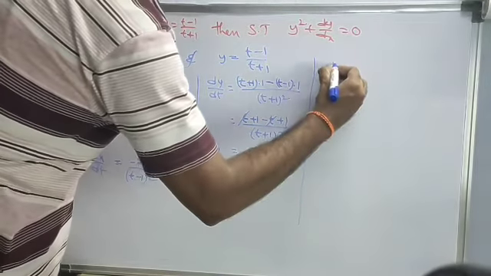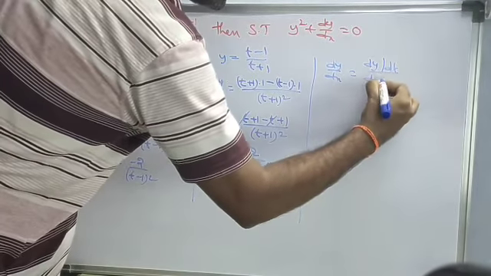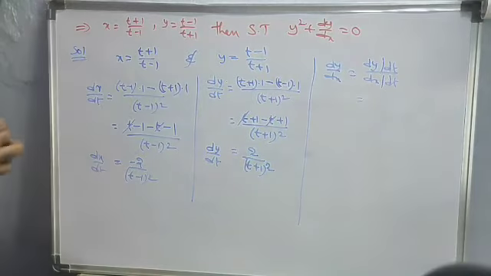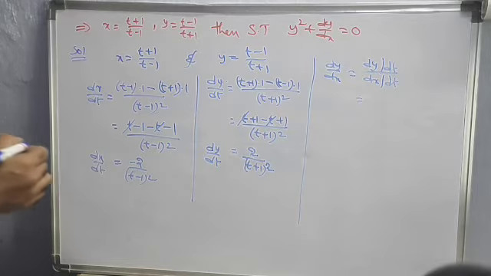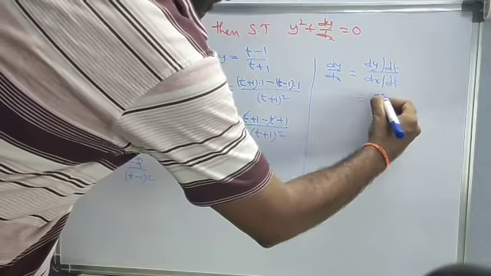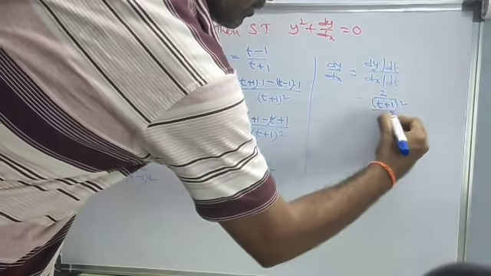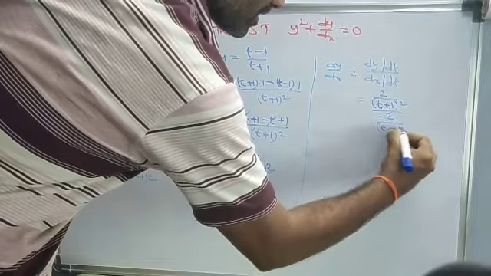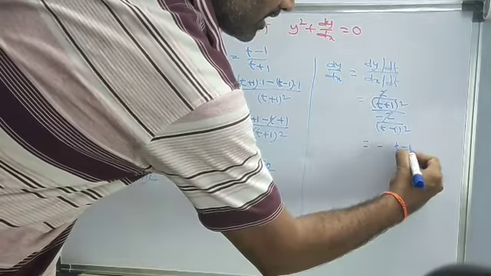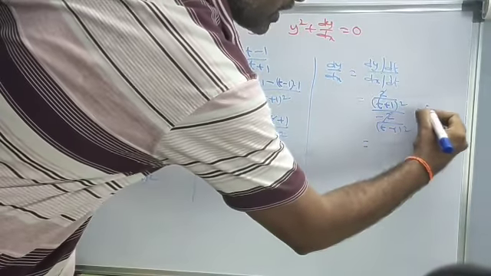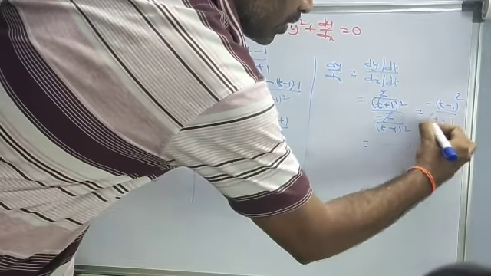Here I have taken dx by dt and dy by dt. With both values we get dy by dx equals dy by dt by dx by dt. The dy by dt value is 2 by (t plus 1)² divided by minus 2 by (t minus 1)². The 2 gets cancelled, and I get minus (t minus 1)² by (t plus 1)².